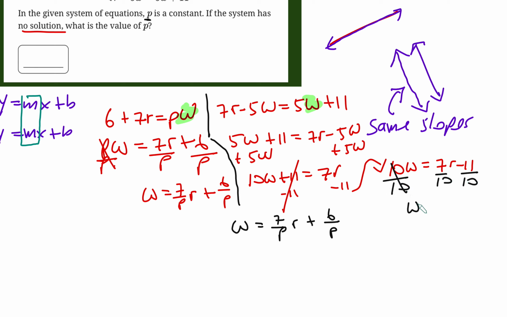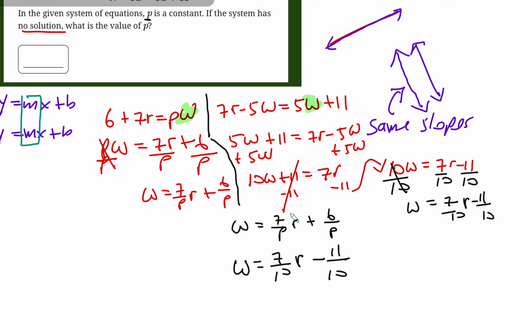So this one is w equals 7 over 10 r minus 11 over 10.